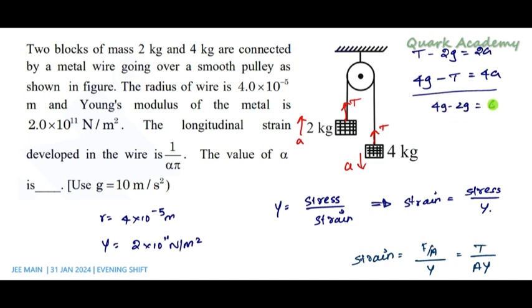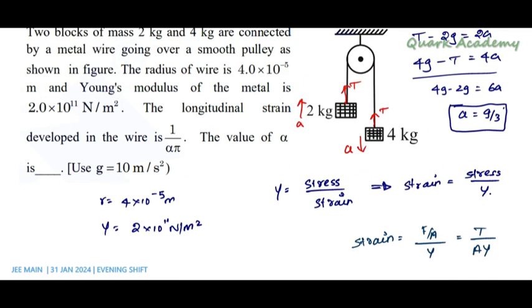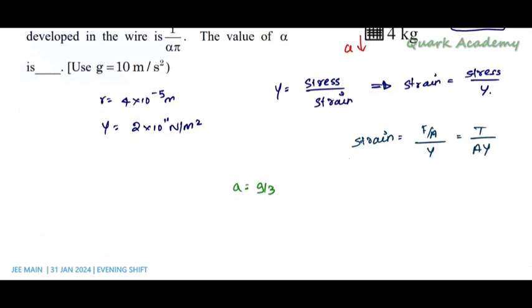If we add them, what do we get? 4g minus 2g, which is equal to 6a, and a is going to be g by 3. So we got the acceleration, and substitute this acceleration in the first equation. a equal to g by 3. First equation is T minus 2g equal to 2a.